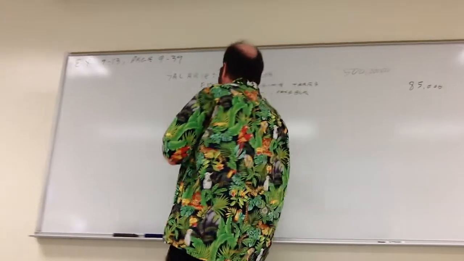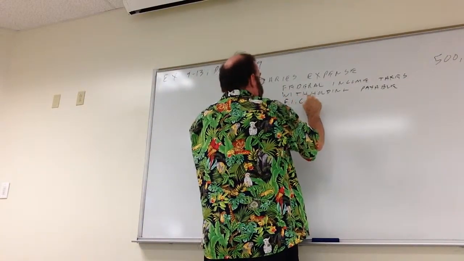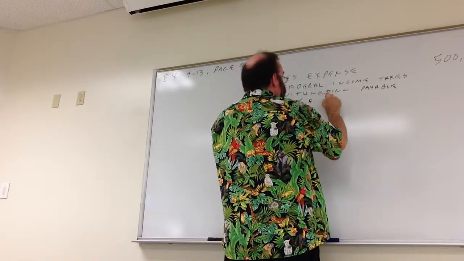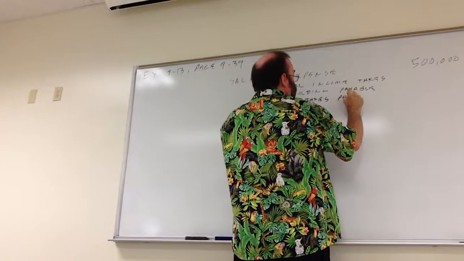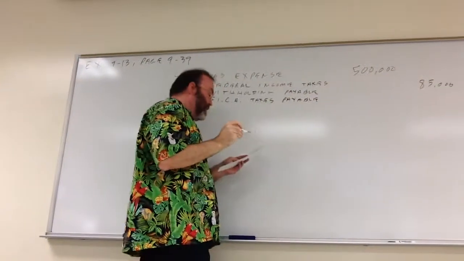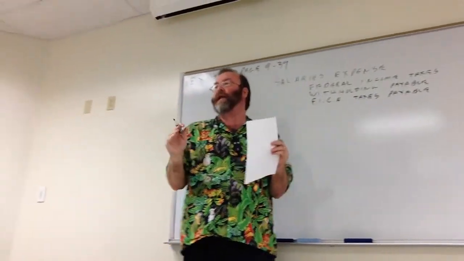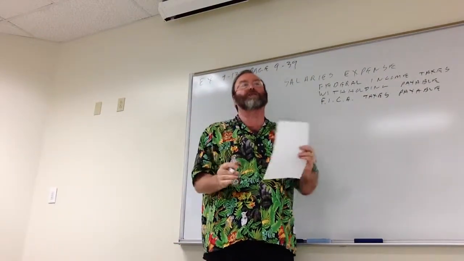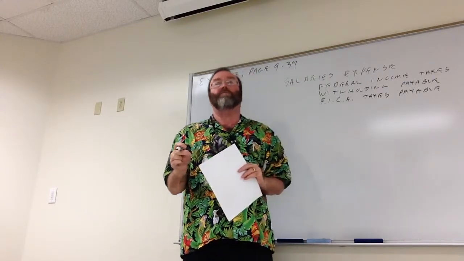And then there's FICA that comes out of a portion of the wages. The only people that remain that pay FICA are those that have not reached the $100,000 limit for purposes of this exercise.